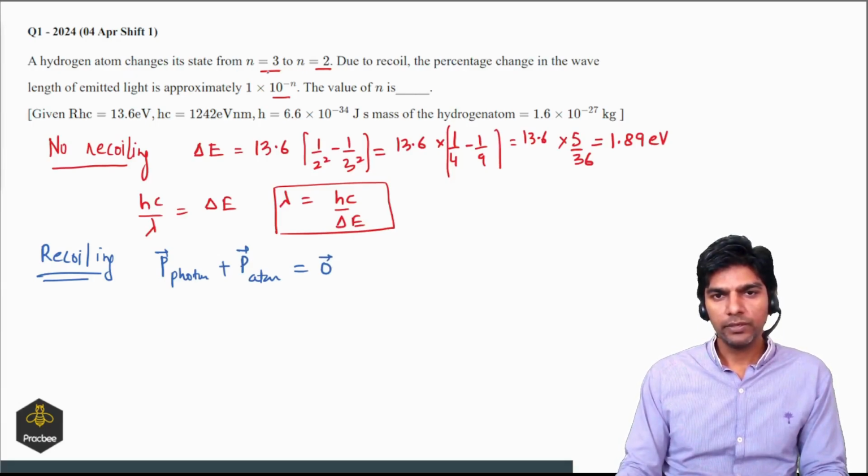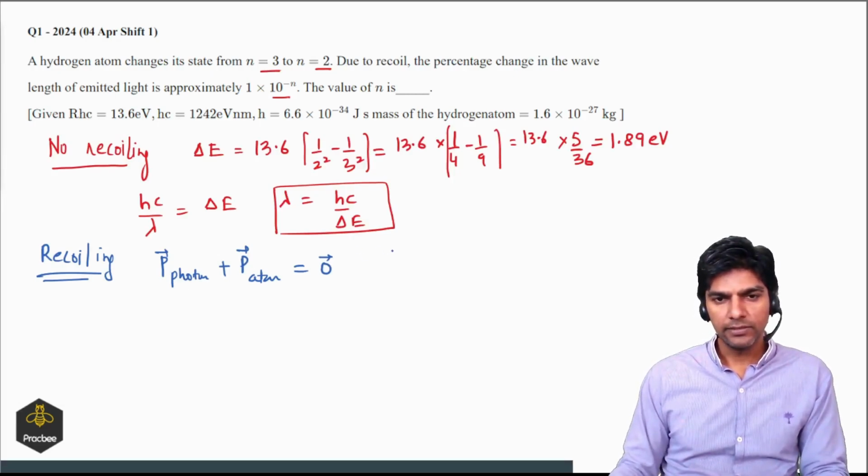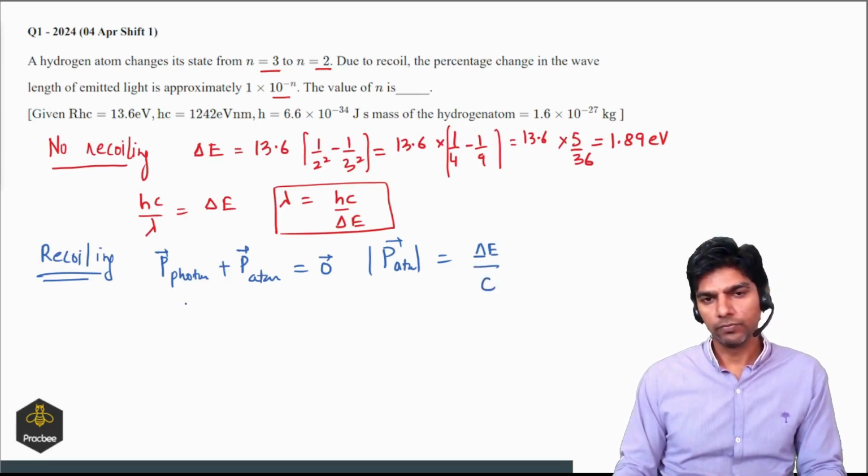Because we are assuming that the atom was initially at rest. So if that is the case, the linear momentum of the atom will be nothing but the energy of the photon divided by the speed of light in vacuum.